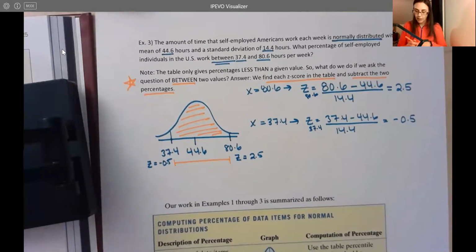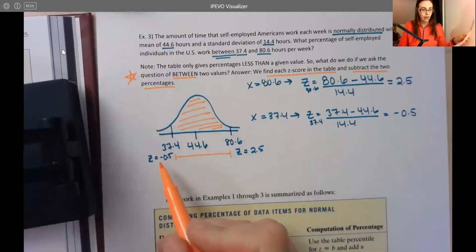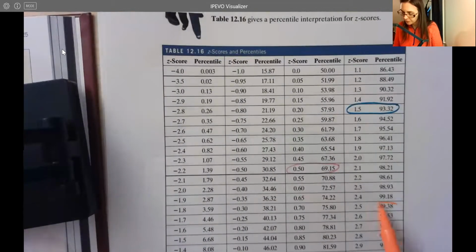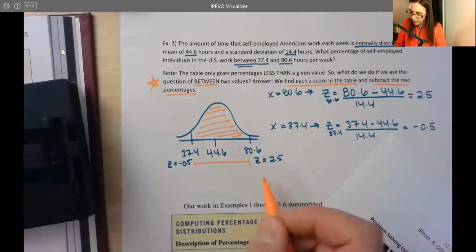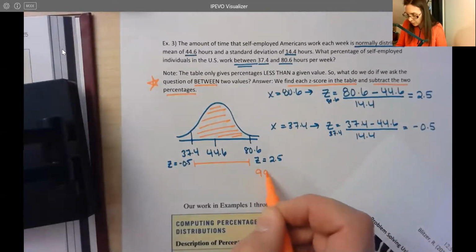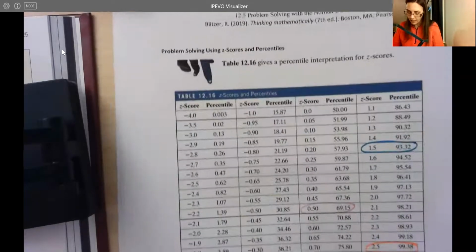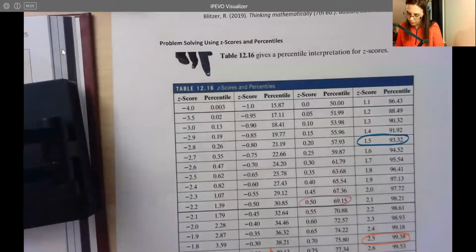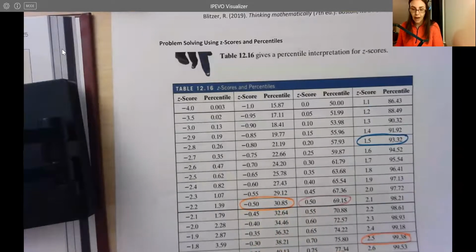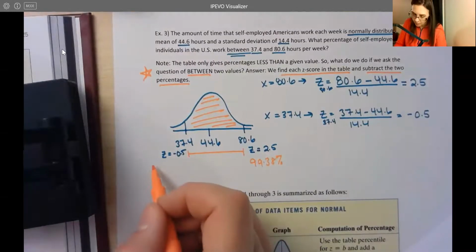All right, so I need two percentages now. I need the 2.5 and I need the negative 0.5. So let me go back here. I'm going to find the 2.5 first. That one is right here. So my percent for 2.5 is 99.38%. And for negative 0.5, it's right here. I get 30.85%.